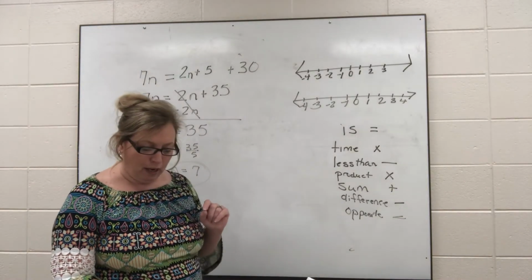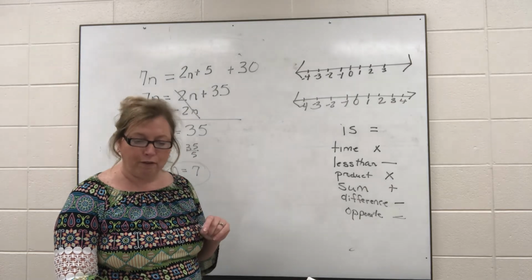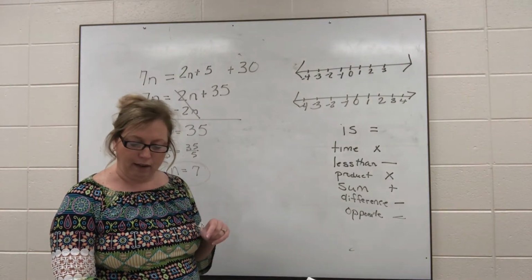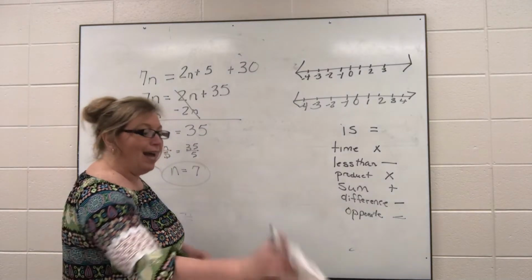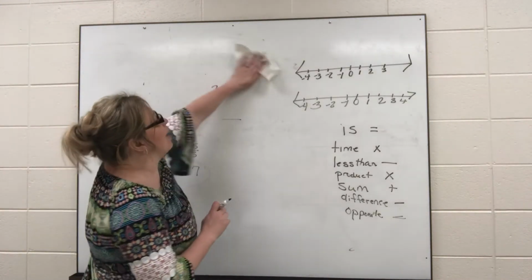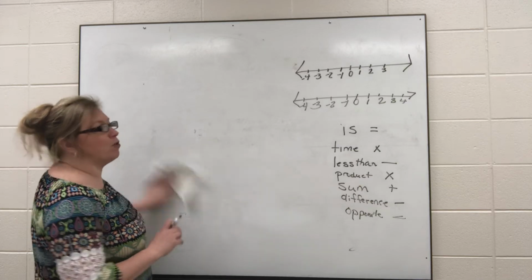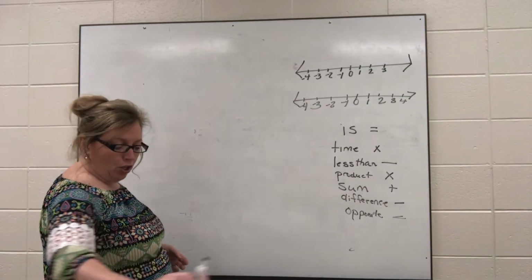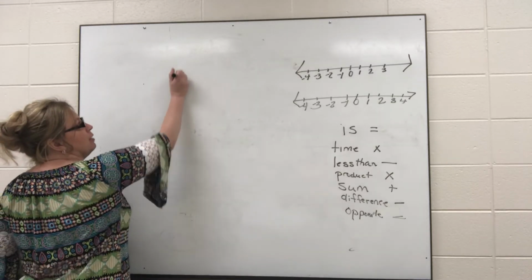Let's look at number 5. We're supposed to graph x is not less than or equal to -1. Remember, I'm not going to be able to graph those nots, okay? So I have to make it a positive statement.